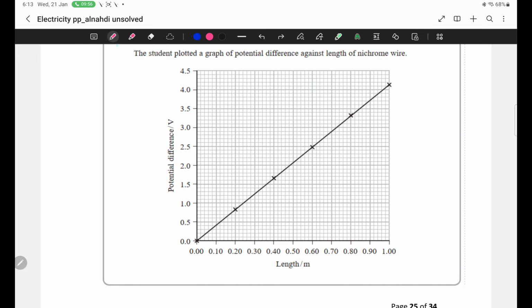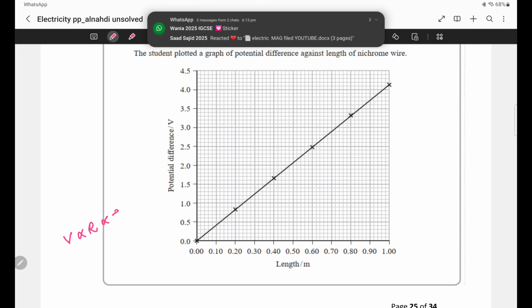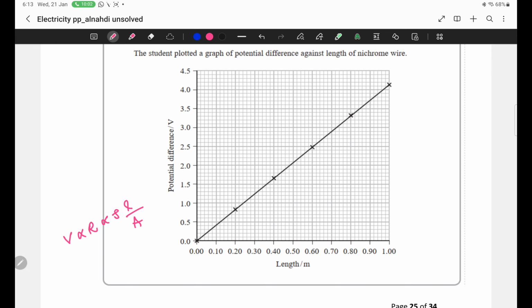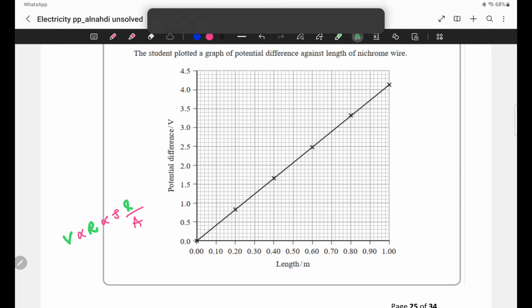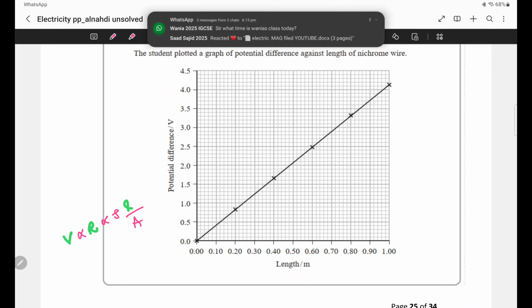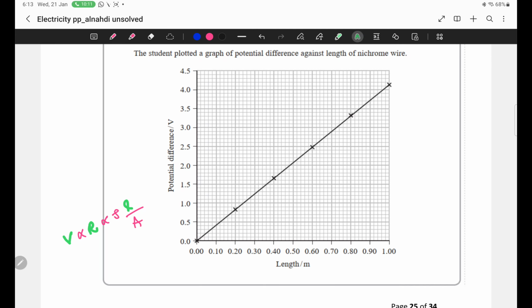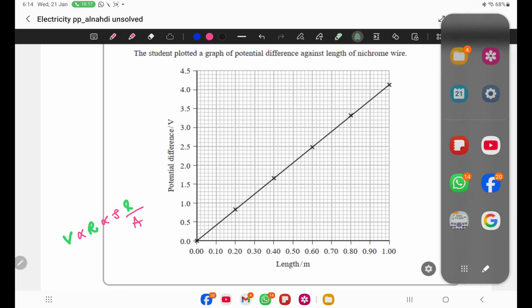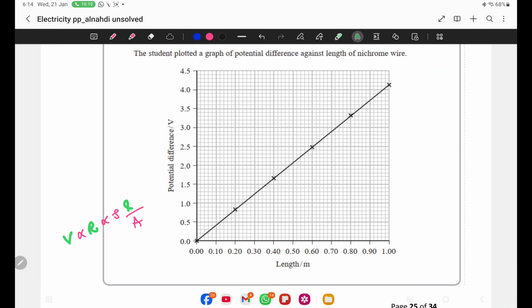And you know that voltage is directly proportional to resistance and resistance is directly proportional to length. So you can see voltage and length are directly proportional, so we can plot a graph which is a straight line. So this is the graph.